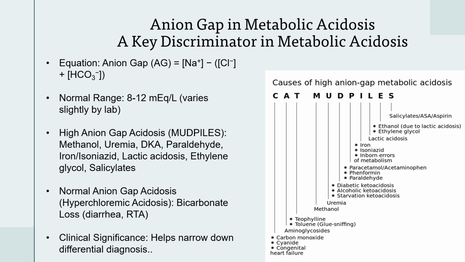Then from the sodium ion, you subtract the chloride concentration as well as the bicarbonate concentration, because these two are the anions, right? These are the electrolytes, of course, that are measured in concentration of milliequivalents per liter, but they're anions, so they factor into that equation, what's called the anion gap.